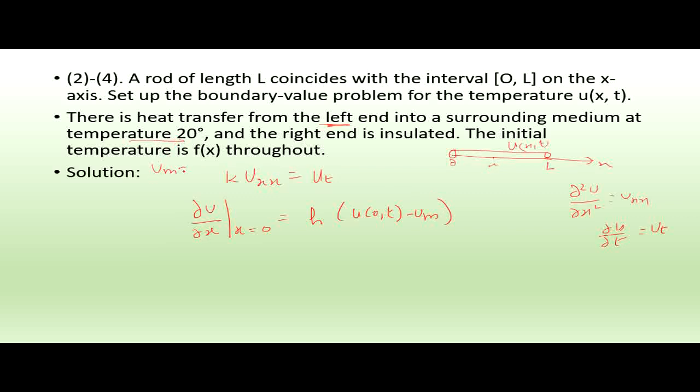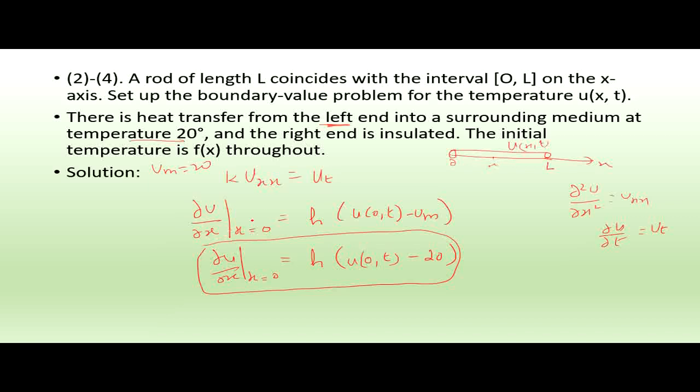So in the next we write h times u of 0 comma t minus 20. This is ux at x equal to 0. Now this is the first boundary condition.